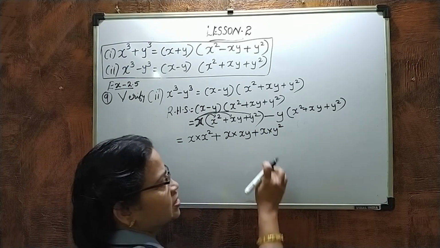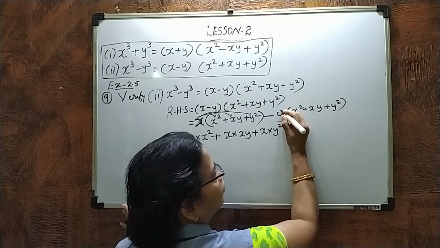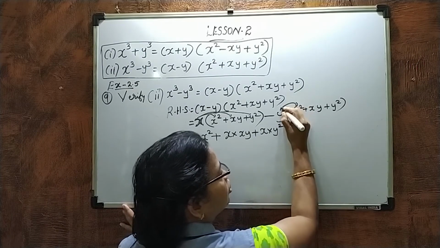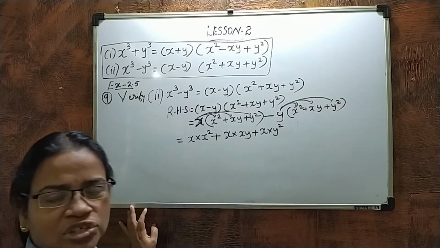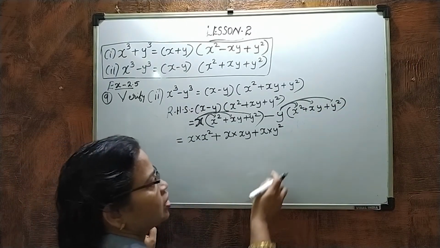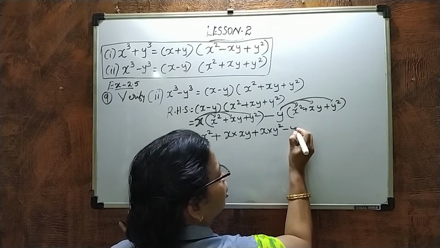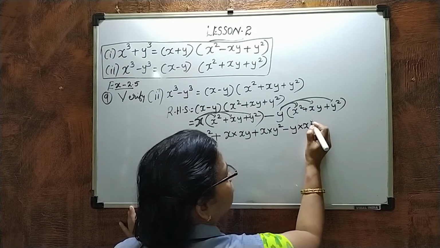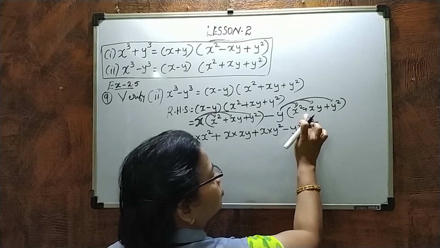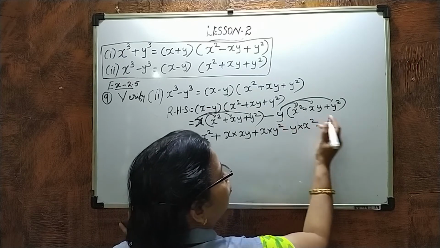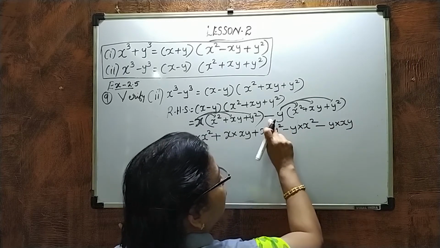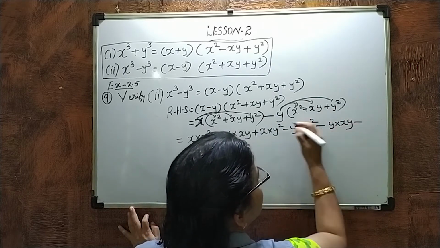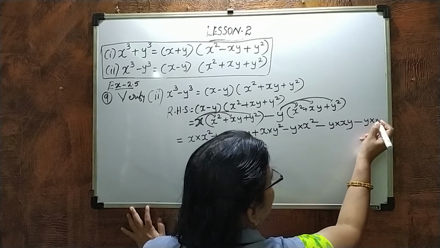Then again next here this minus y. With this minus y we are going to multiply each term inside the bracket. So we can remove the bracket. So minus y into x square. Then minus into plus, minus y into xy. Again minus into plus, minus y into y square.